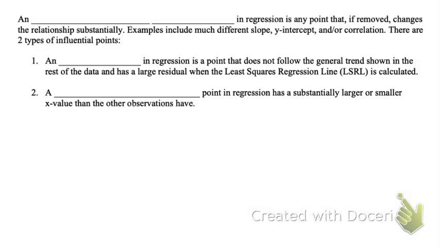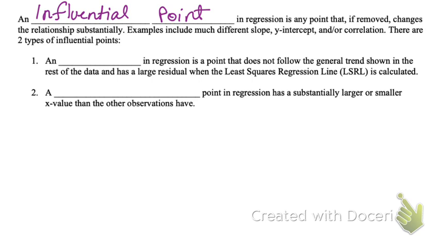So the last thing I want to talk to you guys about today is something called influential points. An influential point in regression is any point that, if removed, changes the relationship substantially.